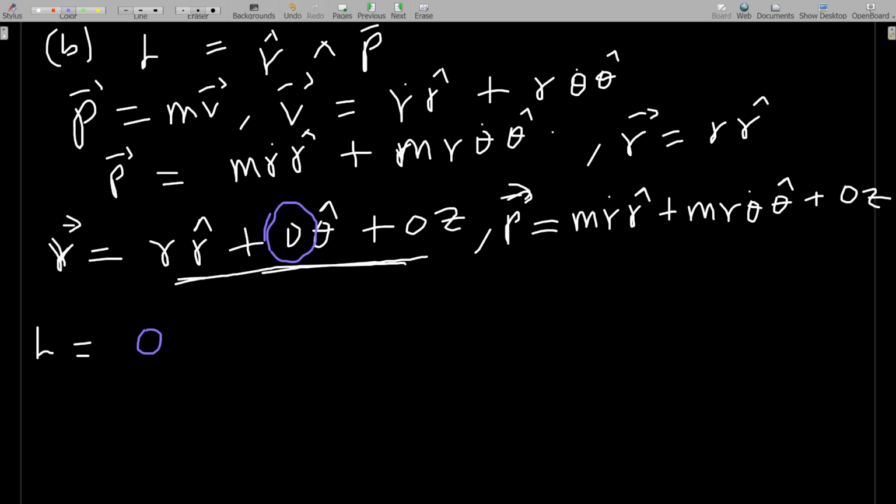So have 0, then write the z component, 0, then come and write the first component, r, then write the last component back again, a 0. With the r cap, theta cap, and the rest, just leave them. Let me call this z cap rather than z.